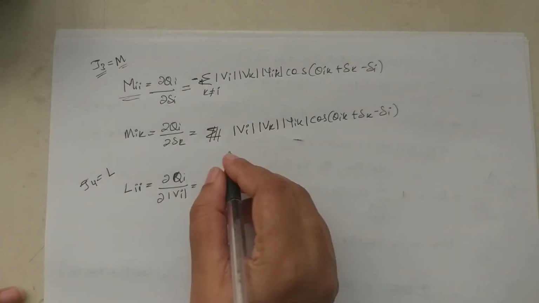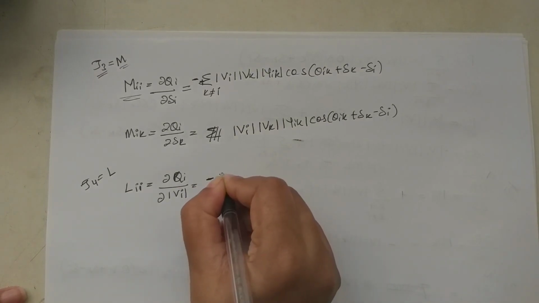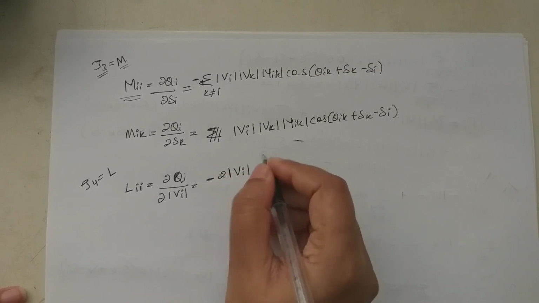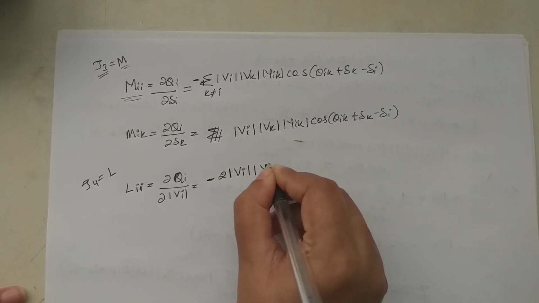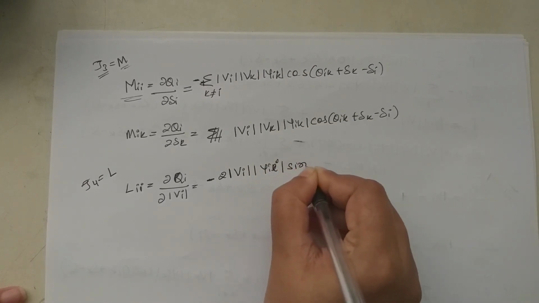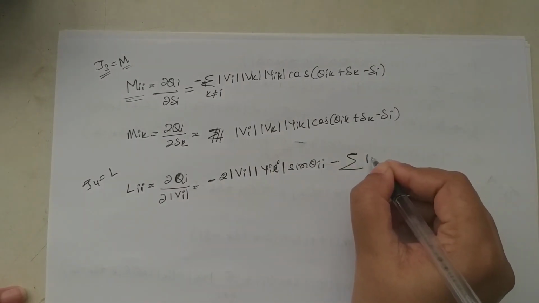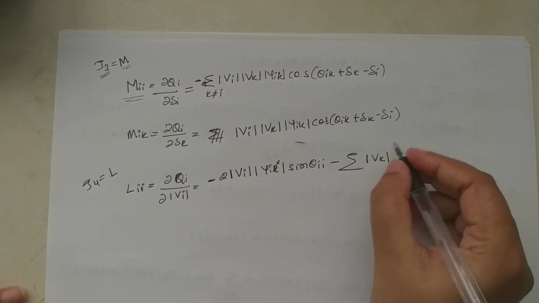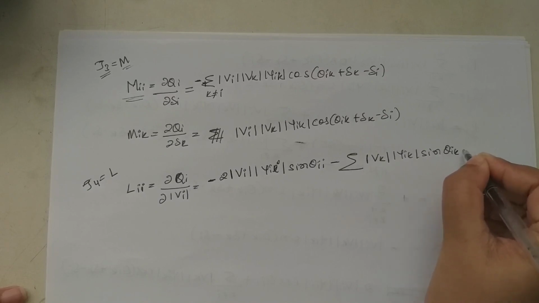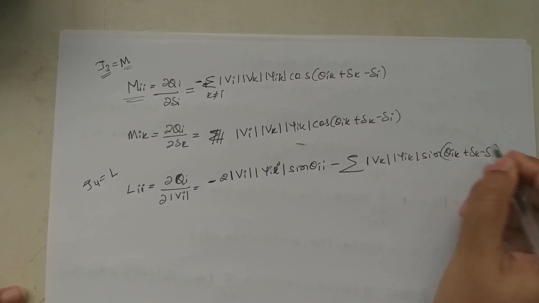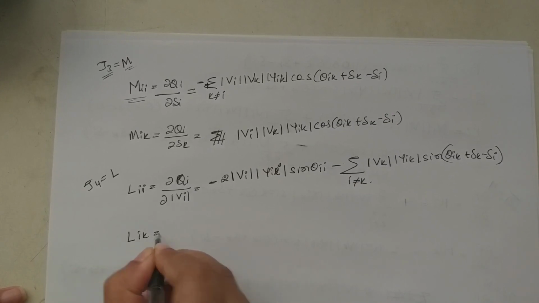The partial differentiation of Vi² is 2Vi, so we get minus 2Vi Yii sin θii, minus the partial differentiation of Vi, which is 1, and Vk is constant, so write as it is: Yik sin(θik + δk − δi). Here i is not equal to k.